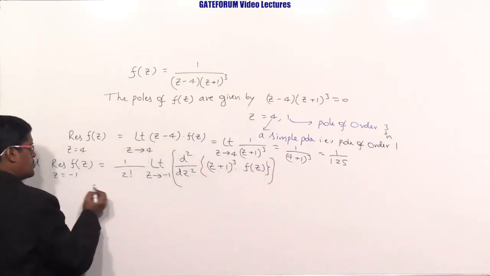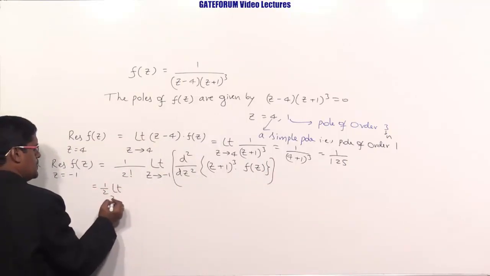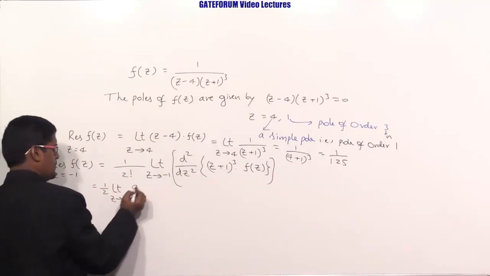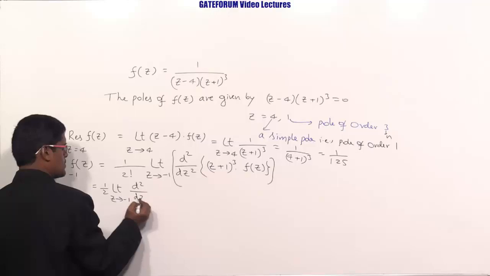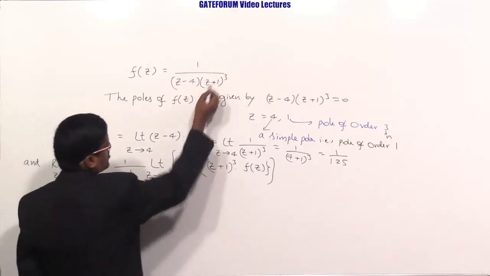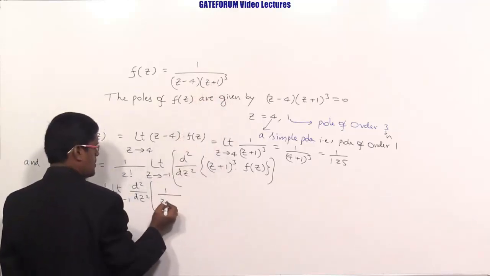This is the procedure. So 1 by 2 limit z tends to minus 1 of d square by dz square of this, z plus 1 whole cube cancelled here, will become 1 by (z minus 4).